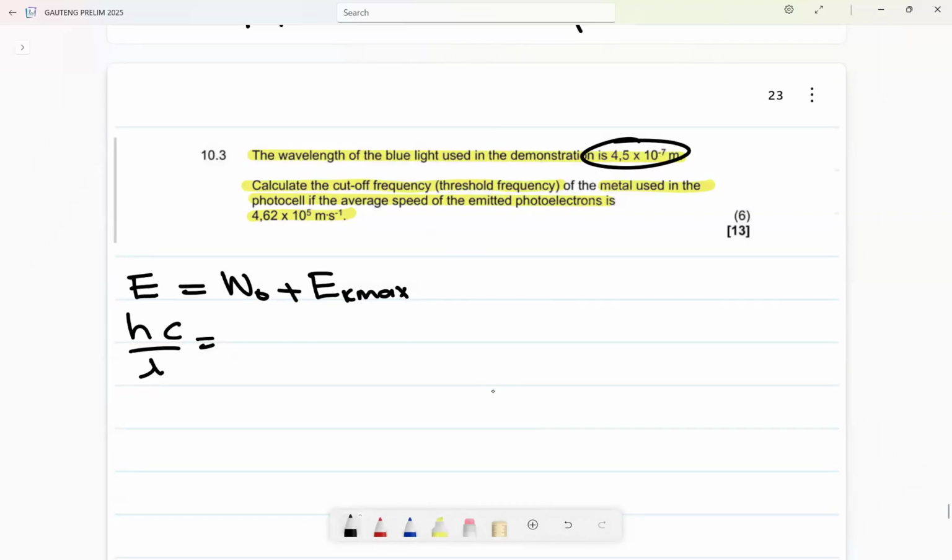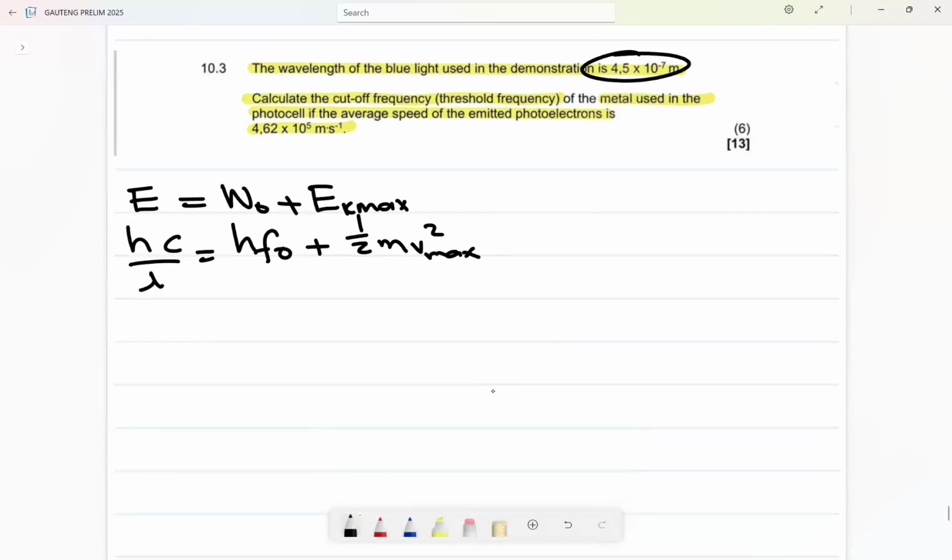Calculate the threshold frequency. So this is going to be h multiplied by the threshold frequency. You can also write this as hc divided by the threshold wavelength, but in this case, they want frequency. And then this is half mv squared max.